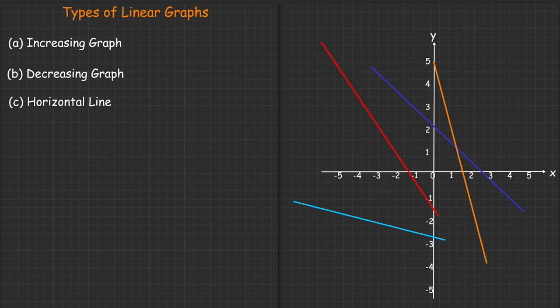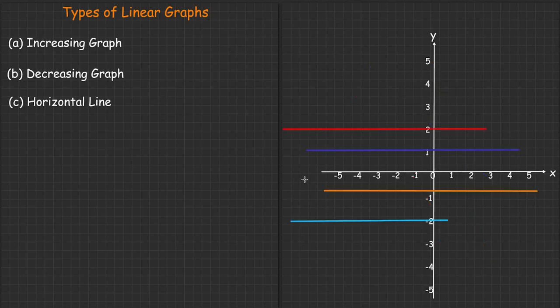Then the very last one we want to make mention of is the horizontal graph. Looking at what we have here, you realize that the lines are just horizontal lines. Now, in as much as your x values are changing on each point on the line, the y, on the other hand, remains constant. At this point, even though you have x being -4, y still remains the same point.